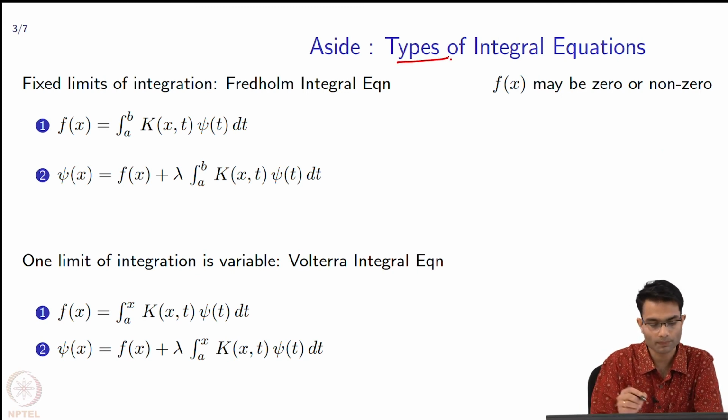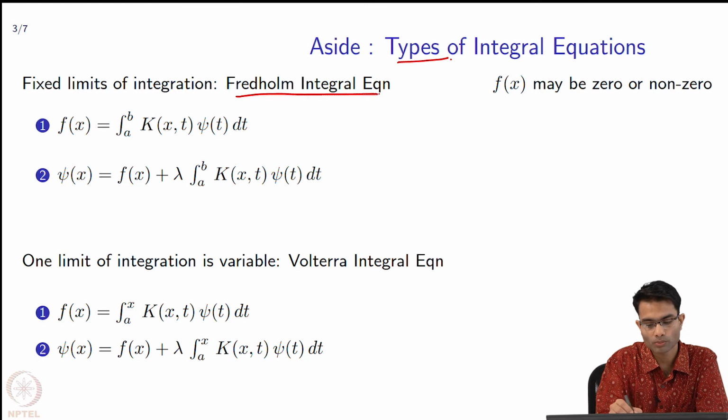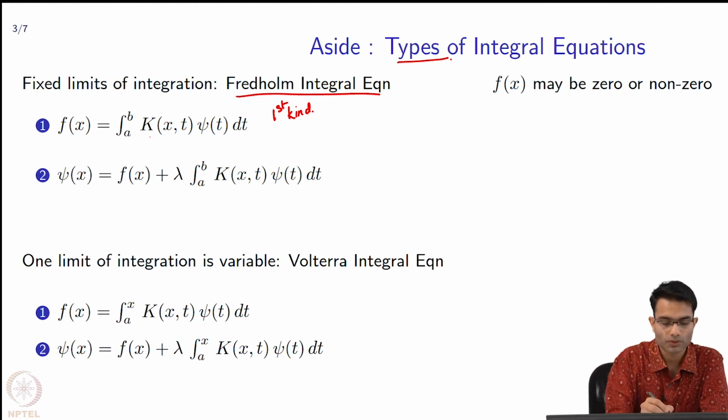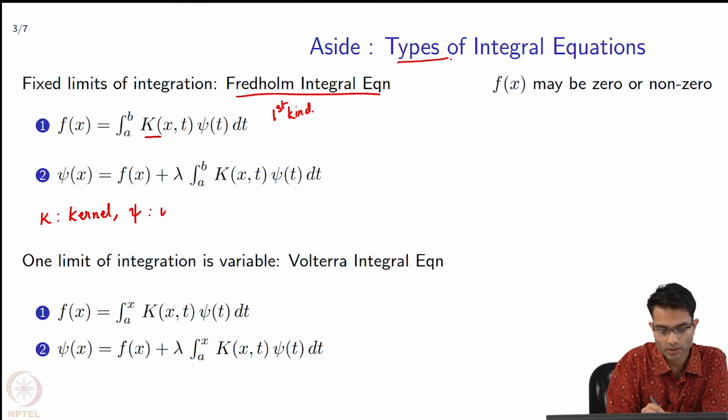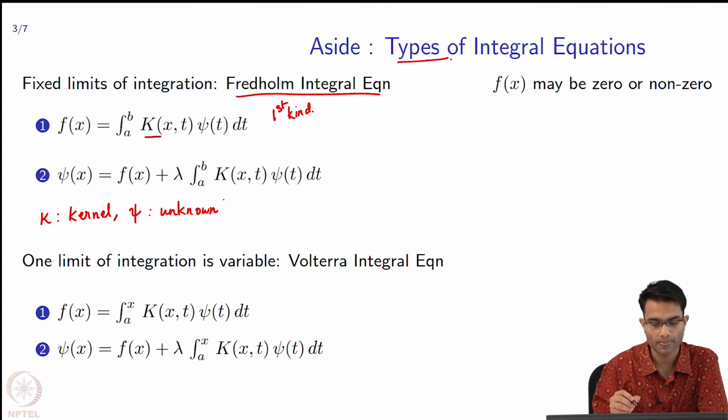So, we will start from the top. What we just saw was a Fredholm integral equation. This is of the first kind. Okay. So, this k over here is called a kernel. This psi over here is the unknown. Okay.